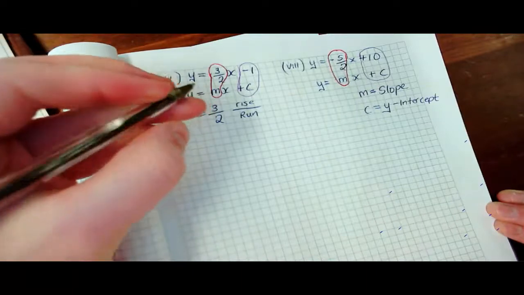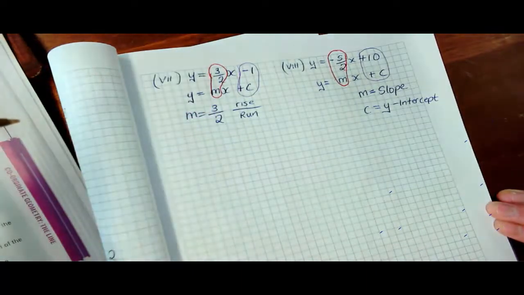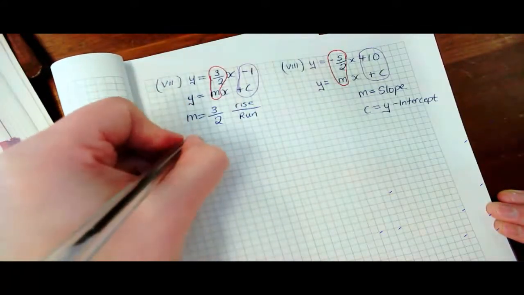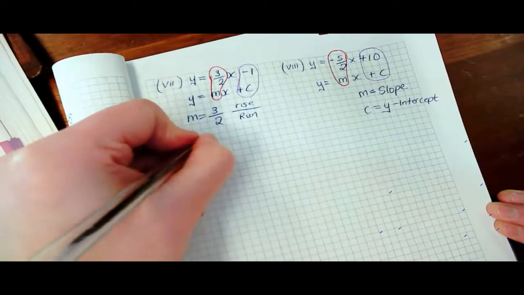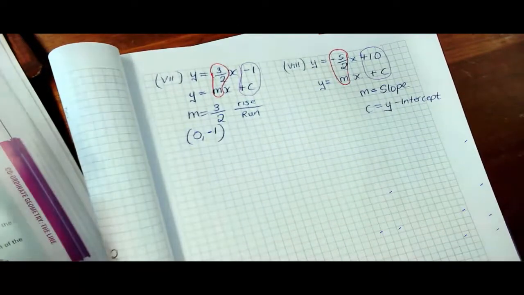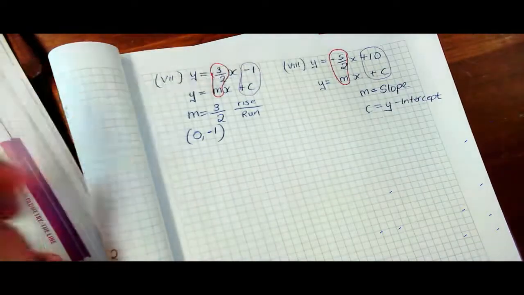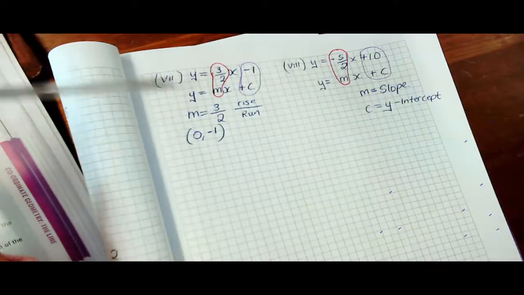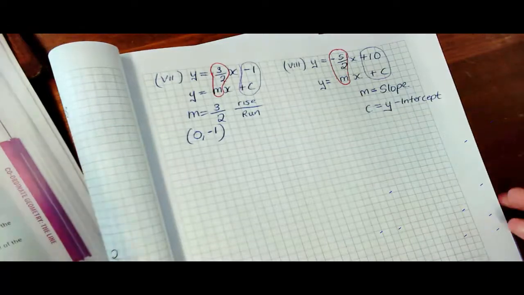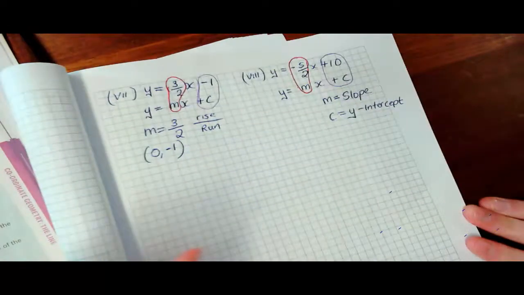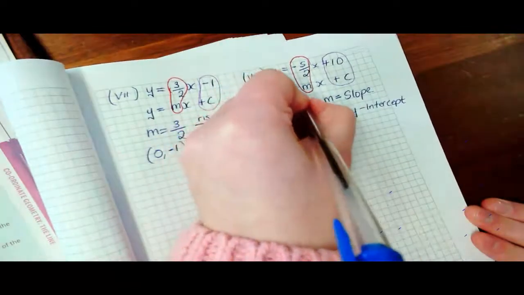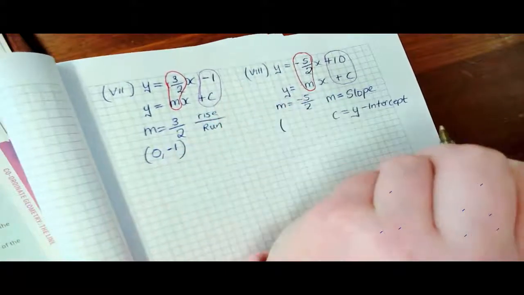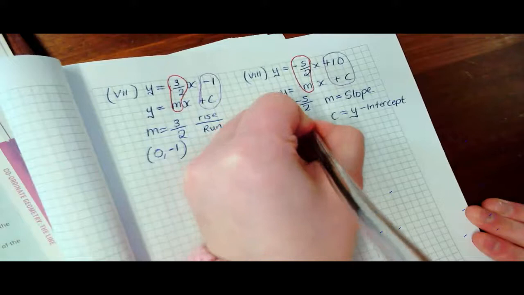And I know the y-intercept then, so where it cuts the y-axis, is minus 1. So I know the point there is 0, minus 1. Okay, so that's where it cuts through the y-axis. And where it cuts through the y-axis, my x is always going to be 0. So same if I go over and do it with this other one here. So my slope for this one is equal to minus 5 over 2. And my point then is going to be 0, 10.